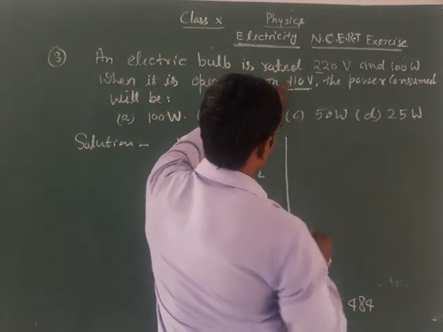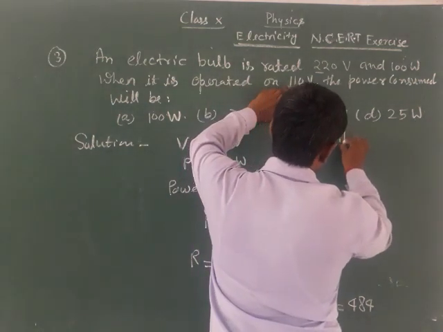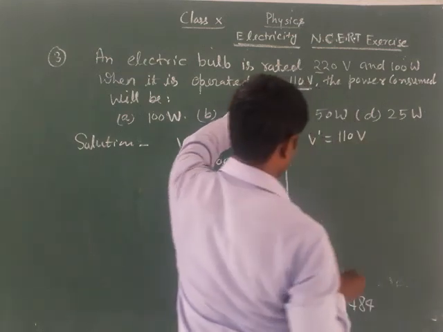Now the potential is reduced. V dash is equal to 110 volt.